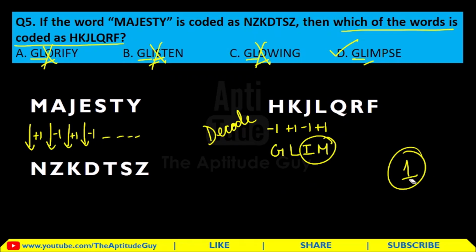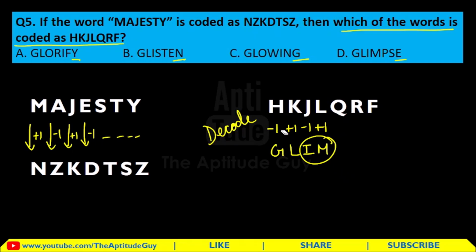Now if you look at all the options, and if you look at the last letter of every single option, what do you see? Y, N, G, E. That means if we can figure out the last letter of this word, that's it. Whatever matches, that is the answer. So we don't have to figure out anything else.